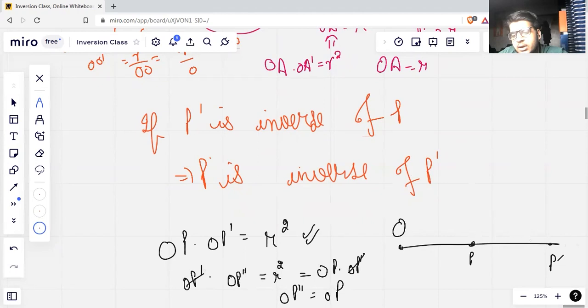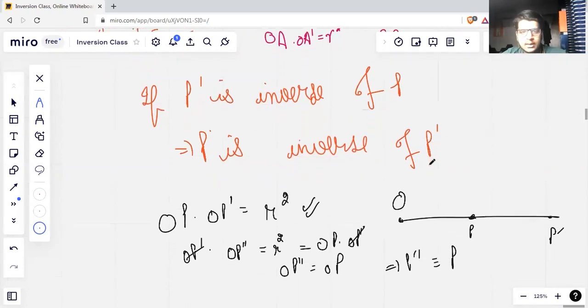Since it lies on ray OP dash, there is exactly one such point. So P double dash is equivalent to P, and hence we are done. This is a very nice property. I'll tell what it tells us later when we see how lines and circles work in inversion.